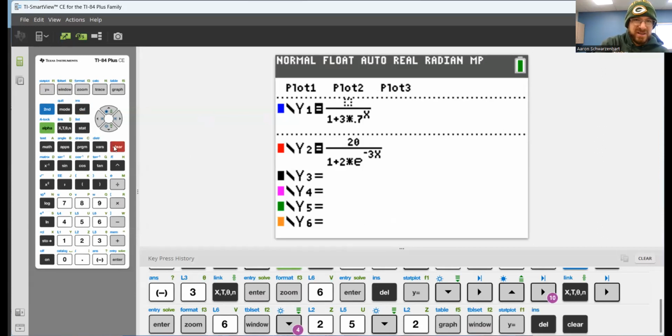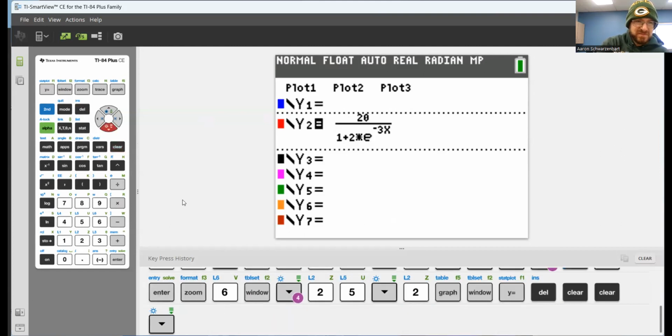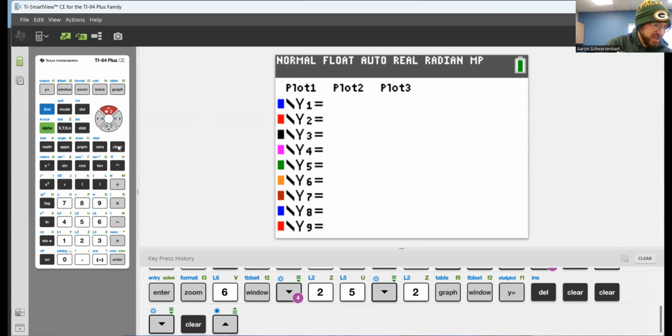So I'm going to get rid of these graphs. And we're going to be asked here, they give us this population. Oops, that's not what I wanted.